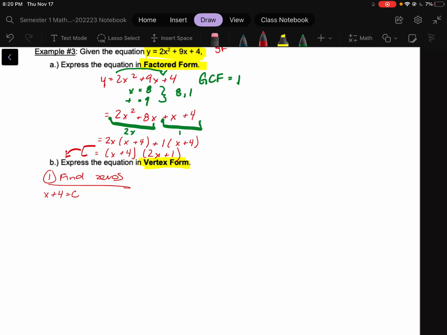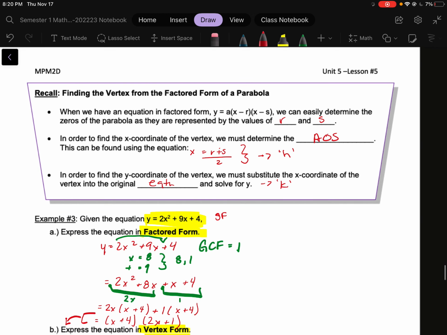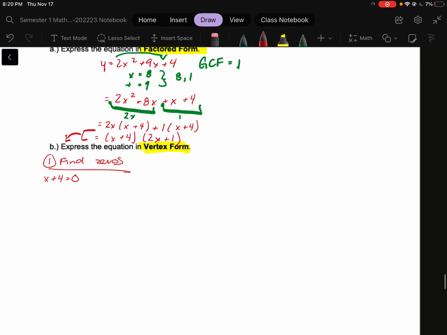We're going to keep one side, x plus 4 equals 0, because remember, if we don't know it, we're going to set it to 0. So we're going to set both factors to 0: 2x plus 1 equals 0. Isolating x, x is going to be equal to -4. That is going to be our r.